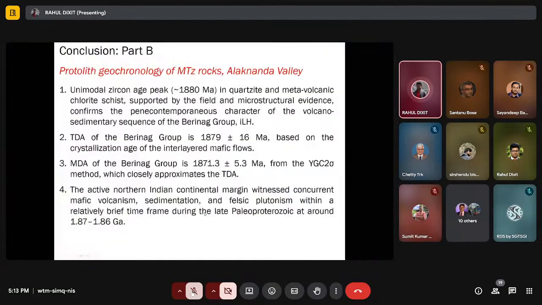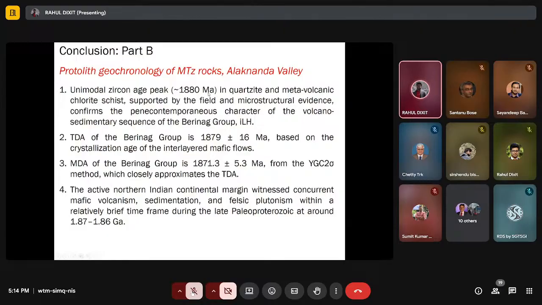To conclude part B of the presentation, the protolith geochronology: the unimodal zircon age peak of 1880 Ma in quartzite and metavolcanic chlorite schist, supported by the field and microstructural evidence, confirms the penecontemporaneous character of the volcanosedimentary sequences of the Berinag group.